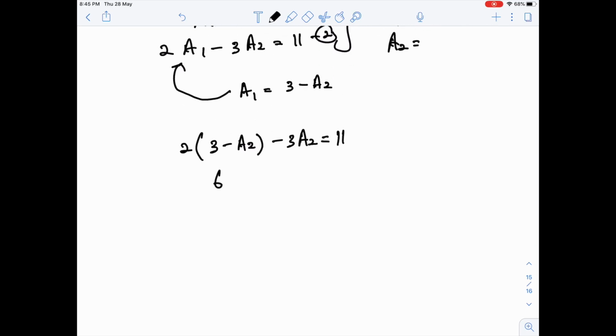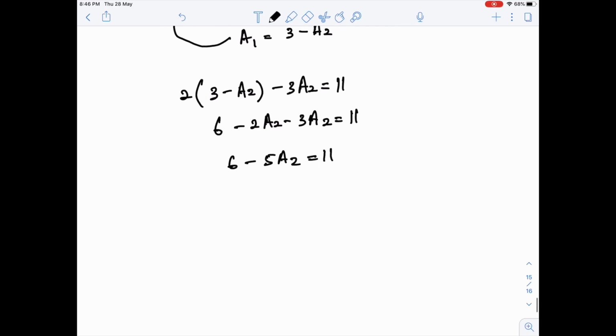Then you have 6 minus 2a2 minus 3a2 equal to 11, and then 6 minus 5a2 equal to 11, so minus 5a2 equals 11 minus 6, which is 5, right?